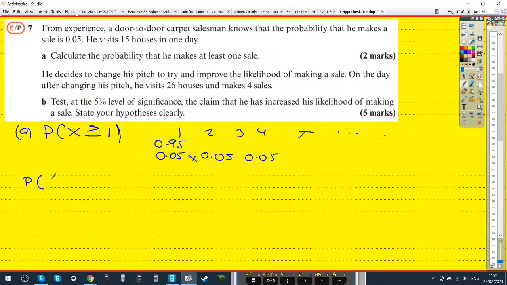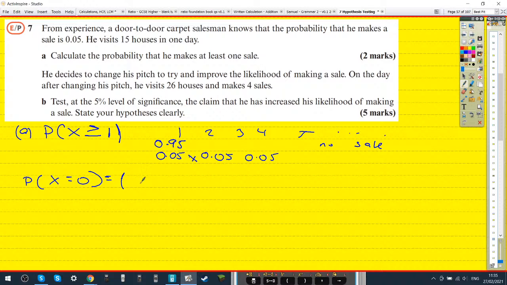No sales whatsoever. All 15 doesn't make a sale. So would it just be 0.05 altogether as like a number?